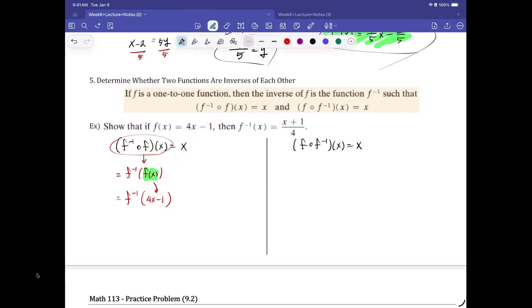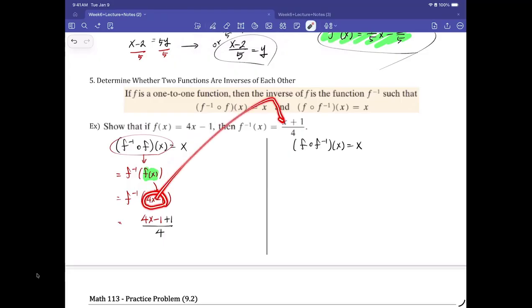So that's why it's 4x minus 1 and then plus 1 over 4. I'm going to repeat one more time: 4x minus 1 goes into the inverse function, into the x, and everything else is the same, so plus 1 over 4.